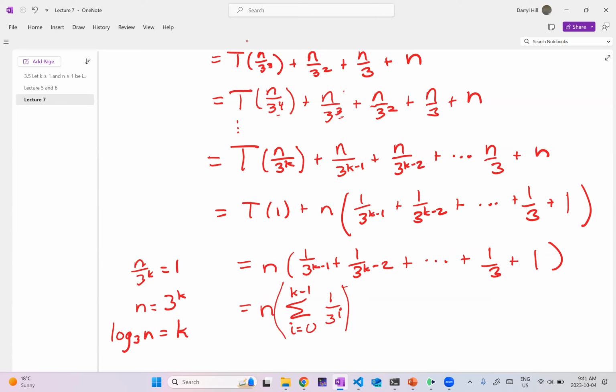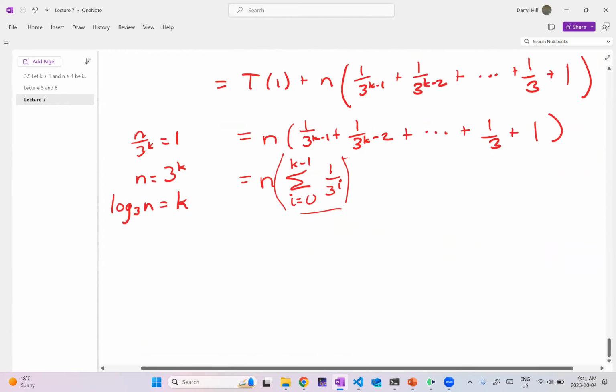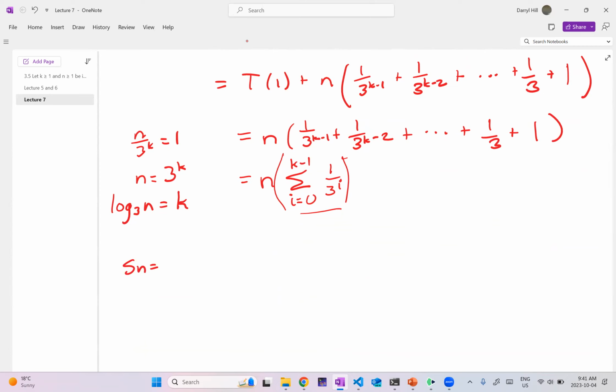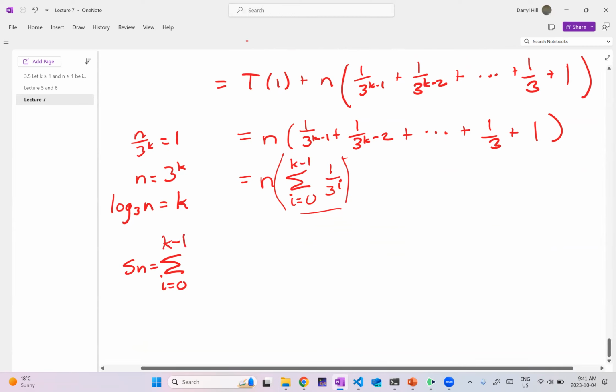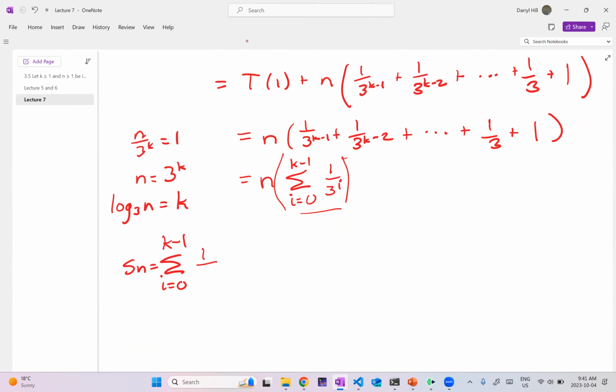Okay, so now I have an expression, I just need to find the closed form of this summation. I think I give you this expression on your assignment. So S of n equals the sum from i equals 0 to k minus 1 of 1 over, what did I do here?